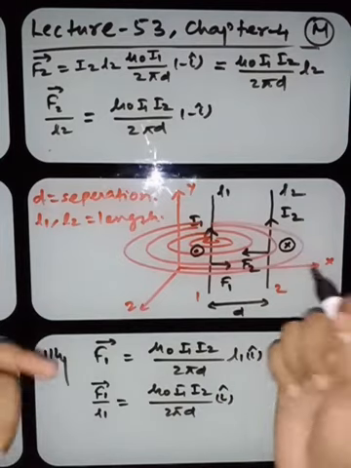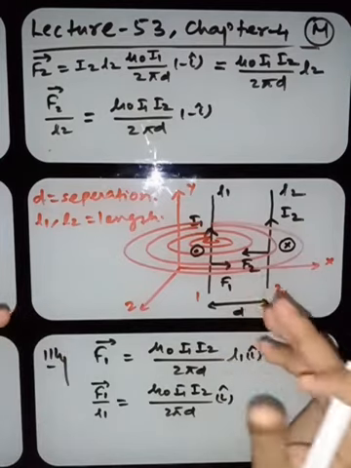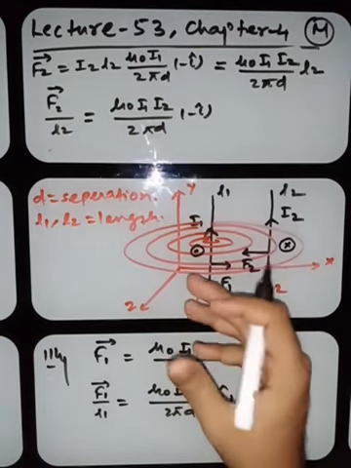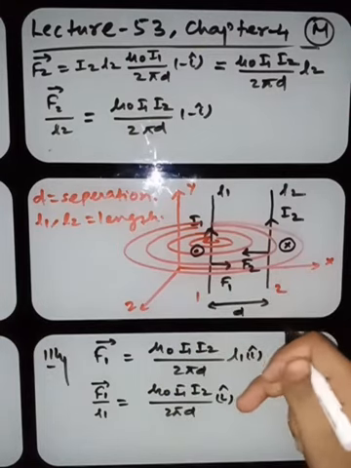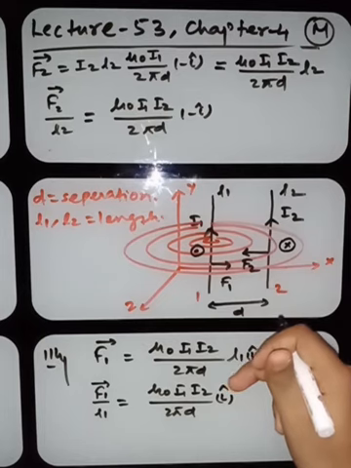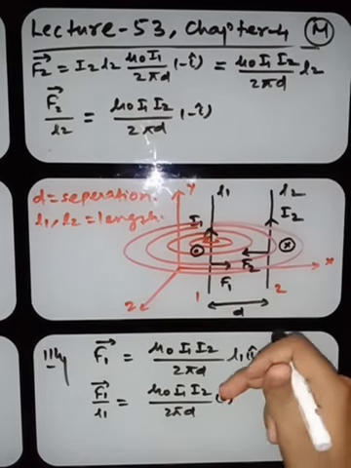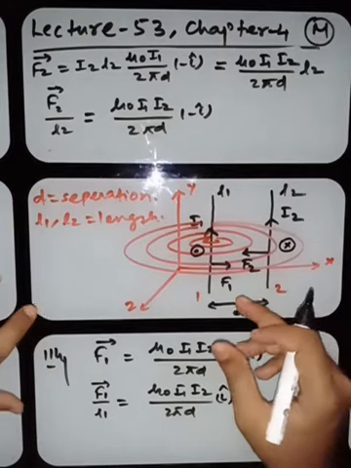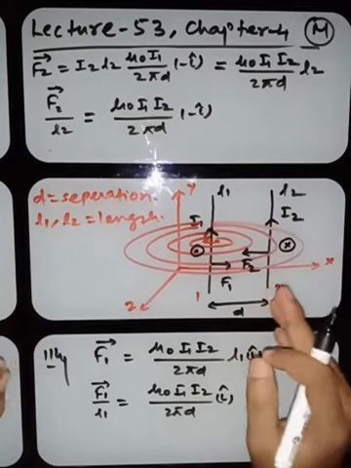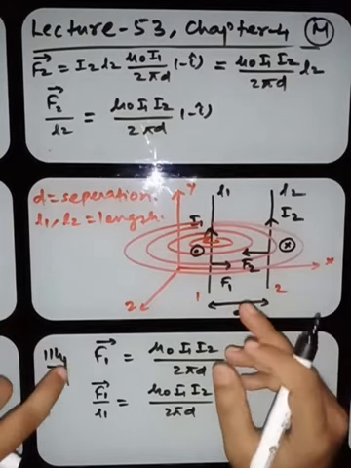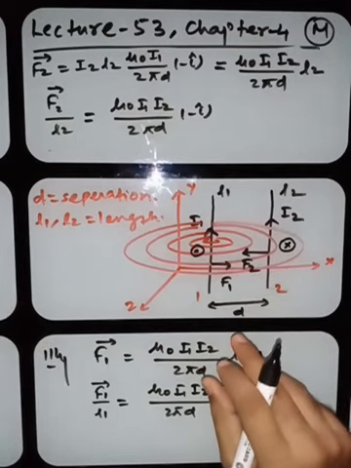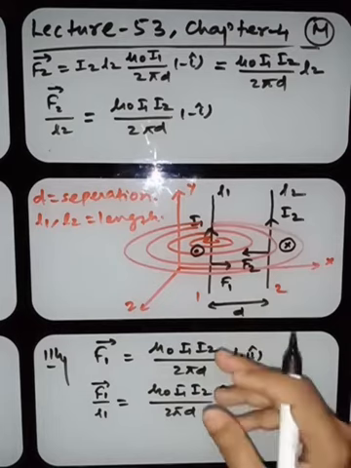We'll write it in a note point, but right now we are going to define 1 ampere. What is the definition of 1 ampere using this formula? My dear students, kindly write down in your copy the definition of 1 ampere. Using this concept I'm going to explain the meaning of 1 ampere.